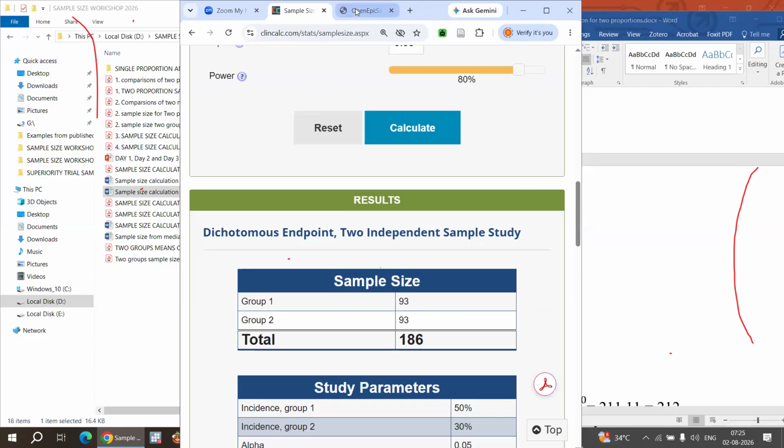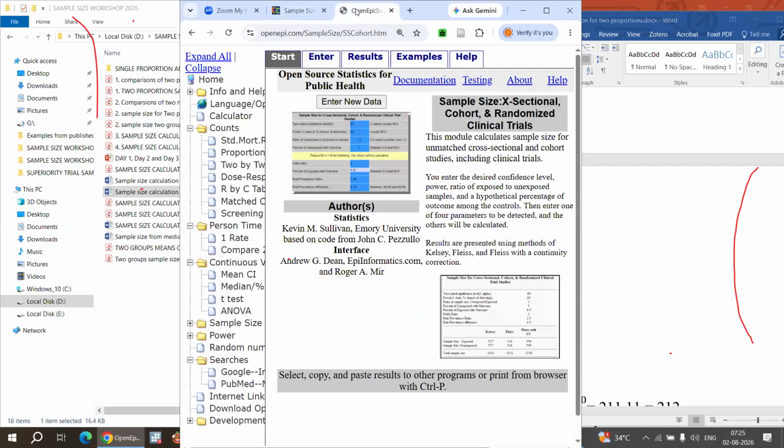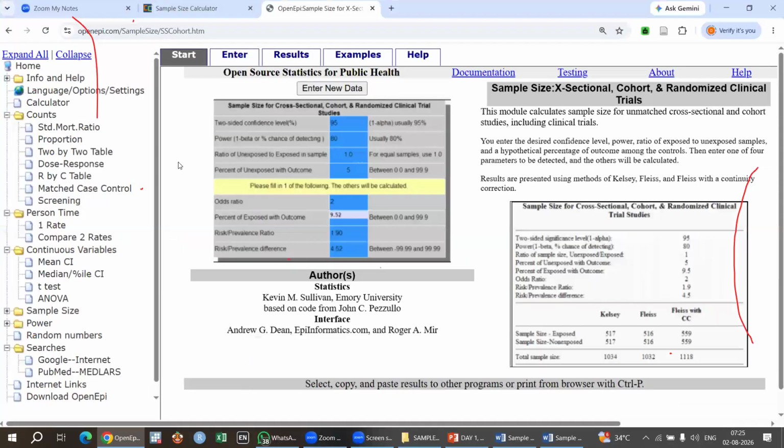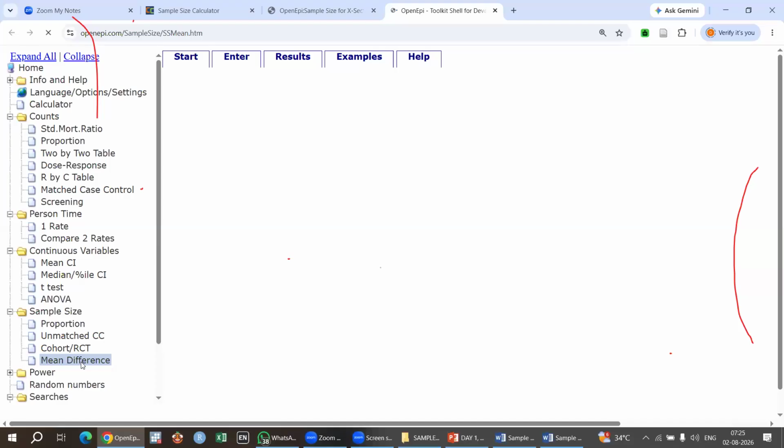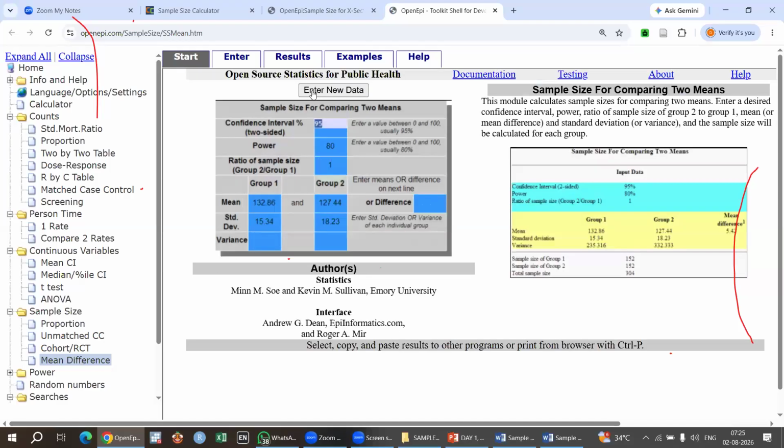Now open API. Okay. I'm going to open API. In Open API, please see this is a sample size calculation here. On the left side, you can see, click this sample size. Click this mean difference. Okay. Then click this enter new data.